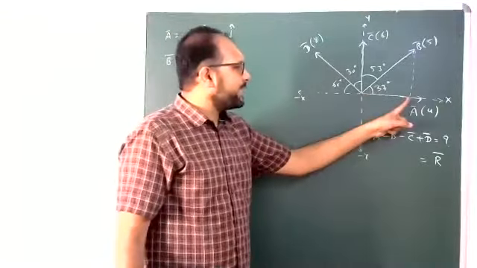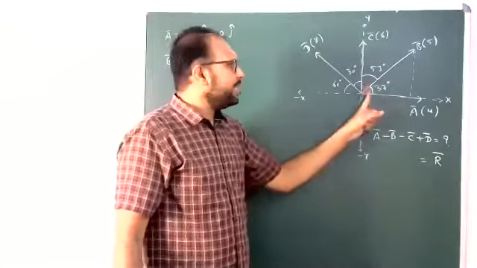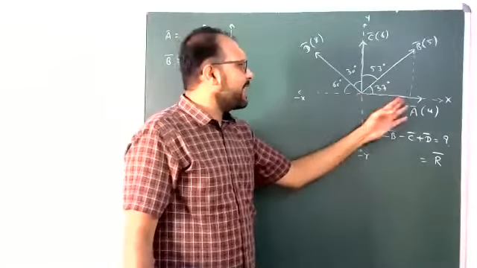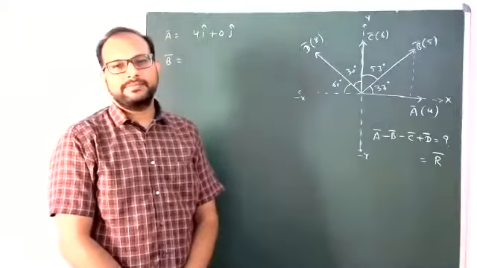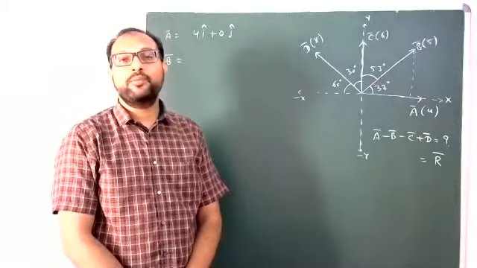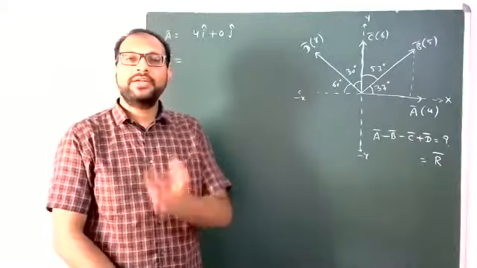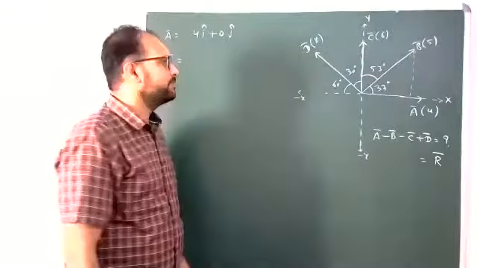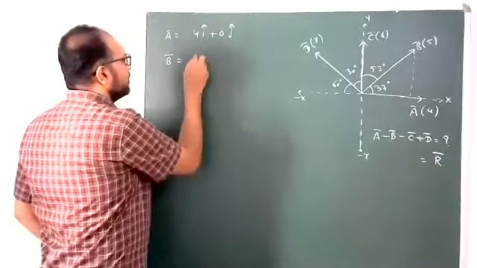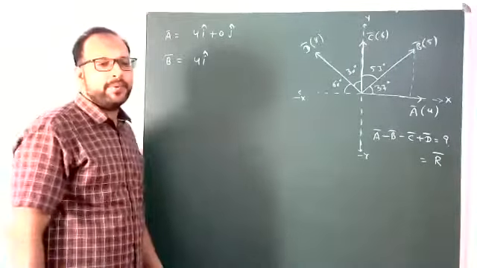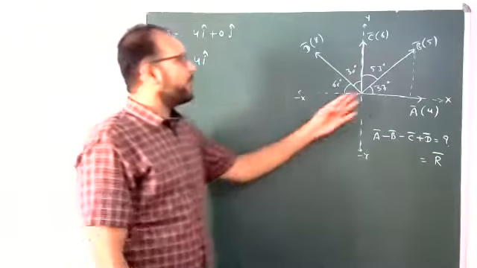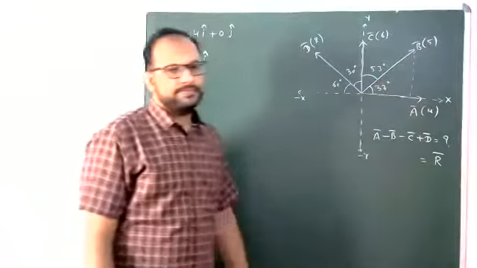Yes, now I need the x component. In this right angle triangle, the x component is 5 into cos 37. Cos 37 is 4 by 5, so 4 by 5 into 5, the 5 cancels, answer 4 i cap. Which one? Only the x component. The y component means the opposite side.